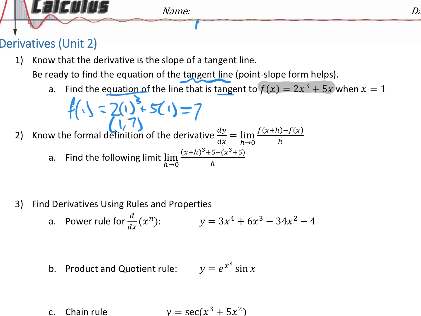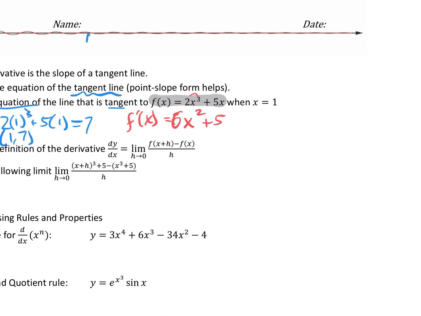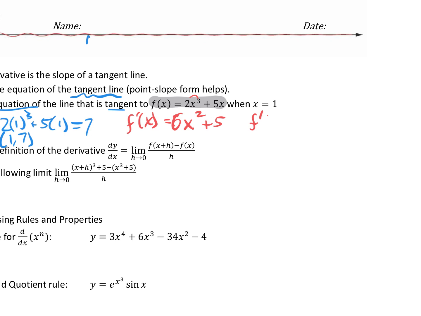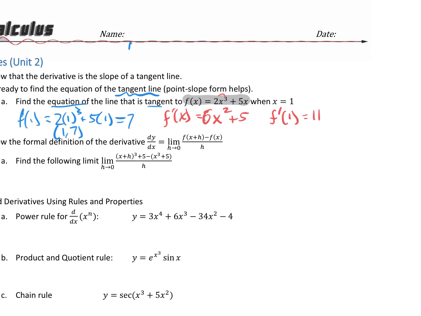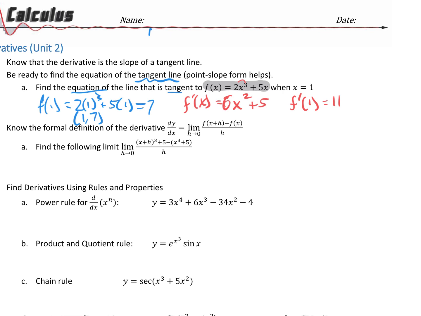And then if we find the derivative here, f prime of x is, drop the 3, 3 times 2 is 6, so 6x squared plus 5. So plug in 1. So the slope at 1 is 11. So we know that this is going through 1, 7, and we know that it has a slope of 11.